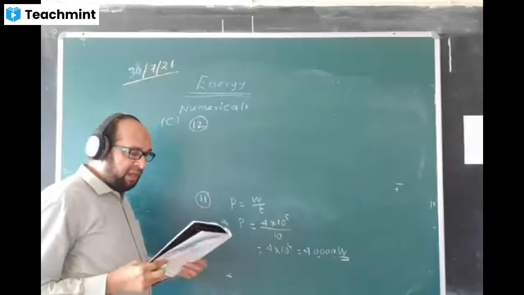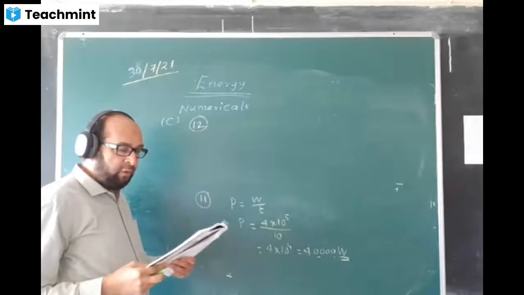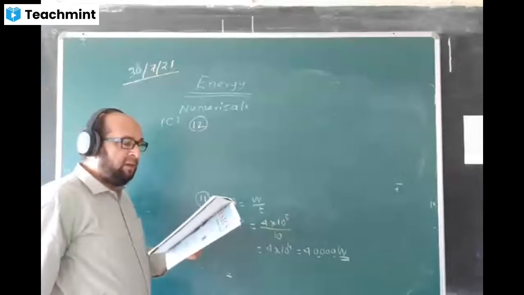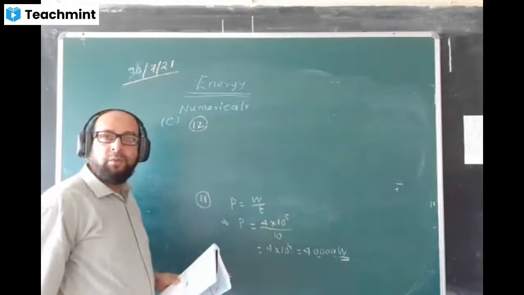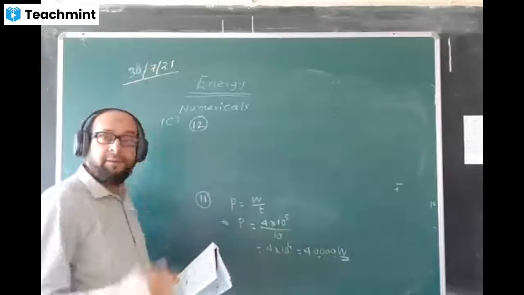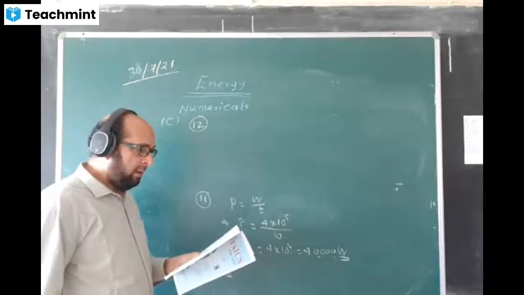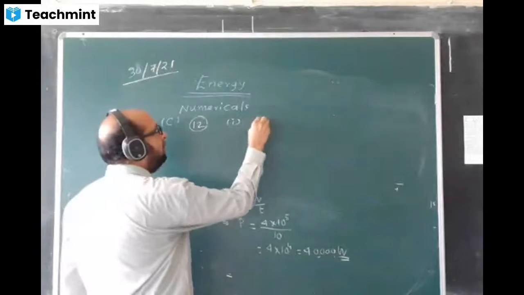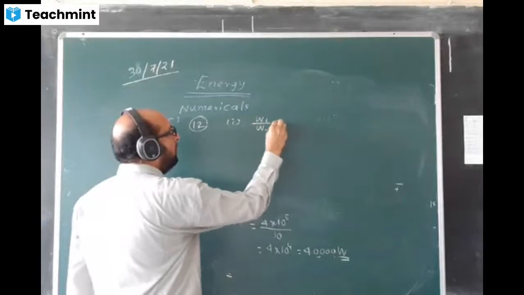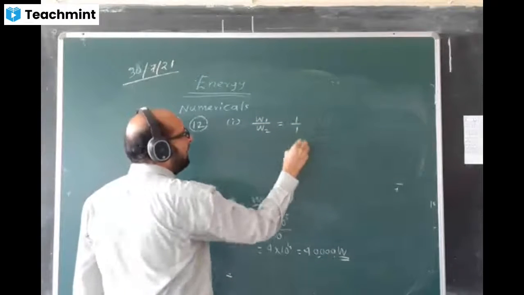It takes 20 seconds for a girl A to climb up the stairs while girl B takes 15 seconds for the same job. Same job means doing the same work. Compare the work done. Compare means ratio, no? W1 by W2, they are doing the same work, right?